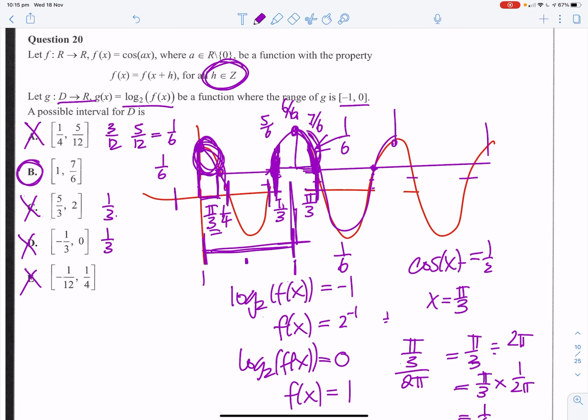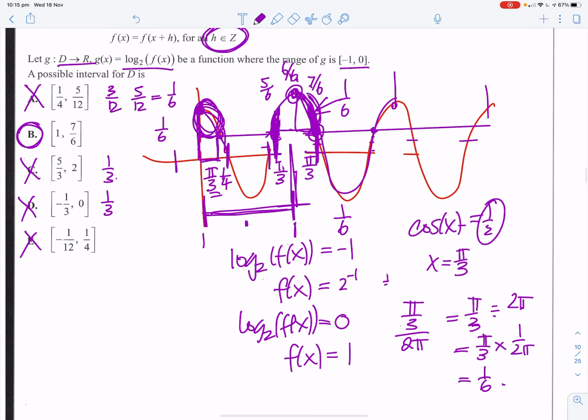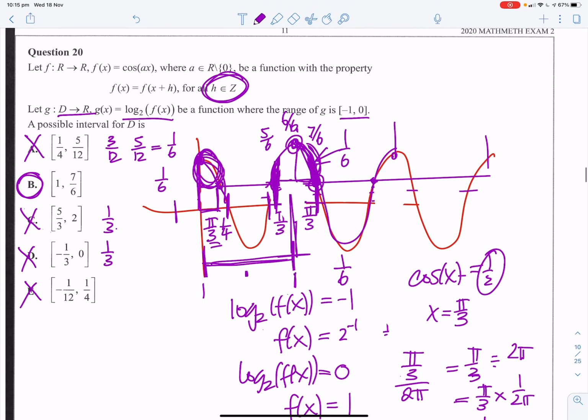And that's the only way that we can get values that give us a range of this function being from positive a half up until 1. If you have values from a half to 1 in this, it'll give you a range of -1 to 0.